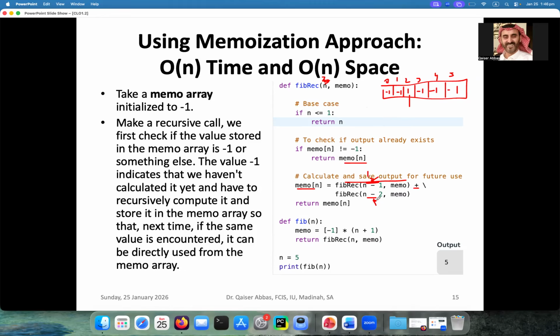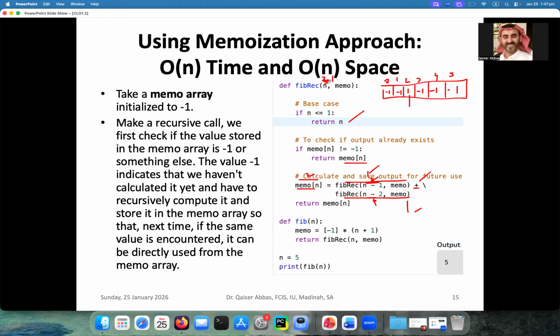And then plus, here you will call fib with 1, where n is equal to 1. 1 equal to 1? Yes, return n. It is like a memo; there is no need to call a recursive call. It will return 1. So this 1 and this 1, after adding, you will get 2 here.